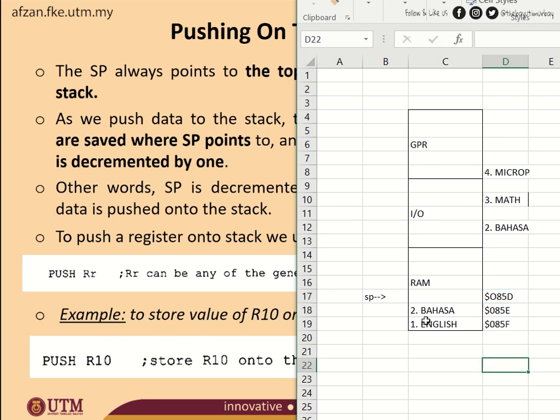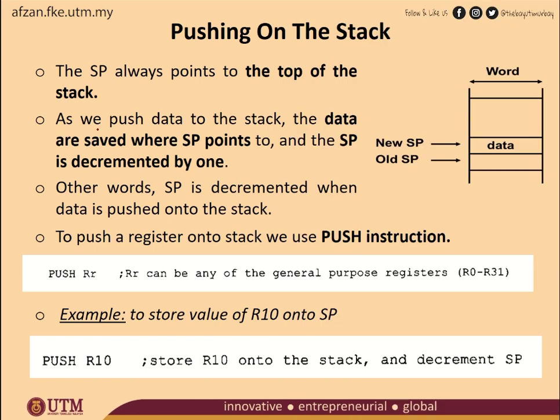You see here, every time you put data inside, the stack pointer will be decremented by 1. So that's why, as you put the data to your stack, the data is saved where the stack pointer points to, and the stack pointer is decremented by 1.